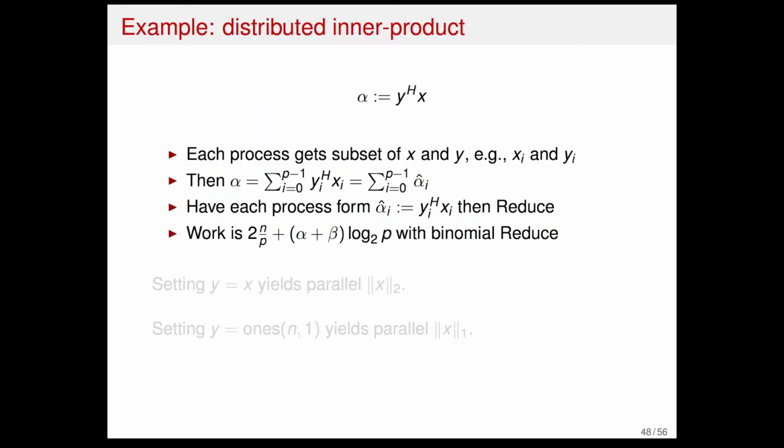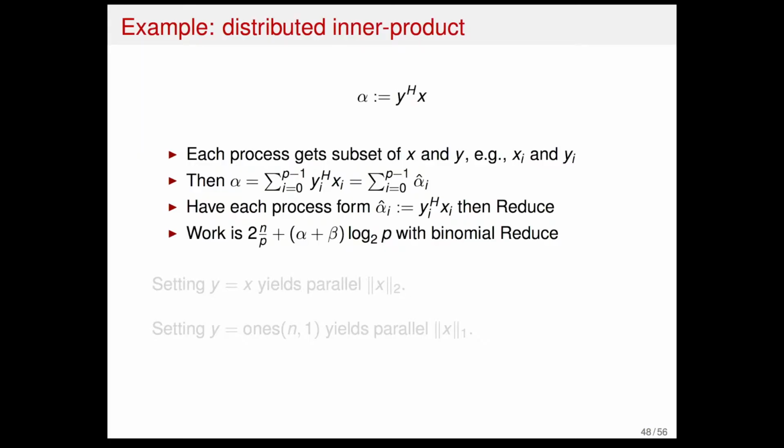Given the analysis that we had for broadcast, if we ran a binomial reduce, where we can think of the vector length as being 1, then the cost of the communication would be alpha plus beta times log base 2 of p, where again alpha is the latency cost for sending a single message, and beta is the bandwidth cost for sending a single entry.